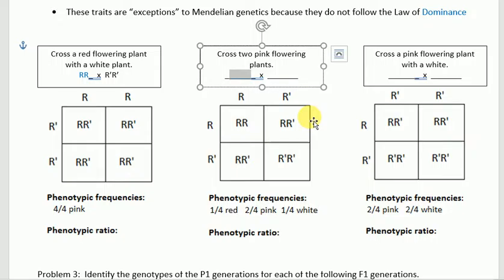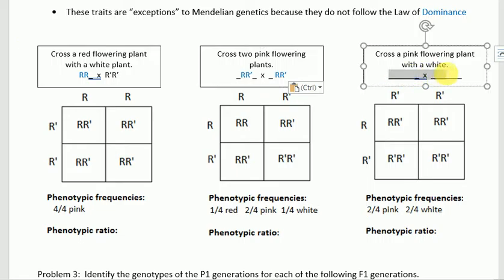So we are going to cross an R with an R prime, and again, an R with an R prime. If we're going to cross a white flower with a white flower, then we would be crossing an R prime with an R prime. And then this is what we end up with.